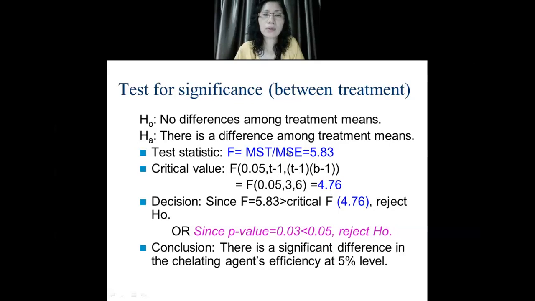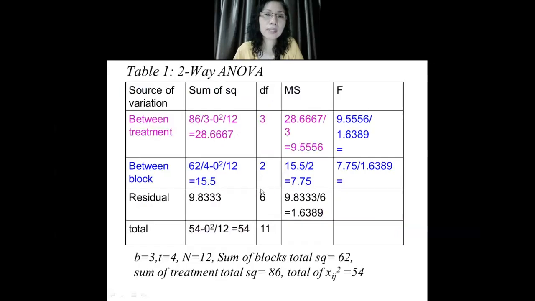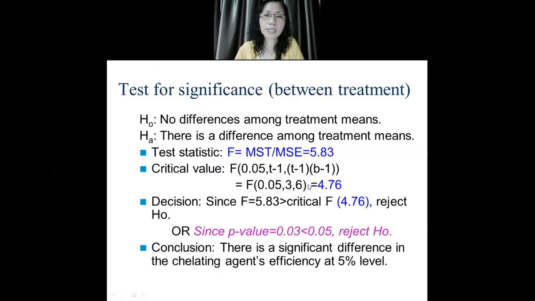(T minus 1) times (B minus 1), which gives you 6, and that is 4.76. You look up the degree of freedom for error, which is 6. So the critical value is 4.76. Compare your test statistic value with the critical value, and then make a decision.